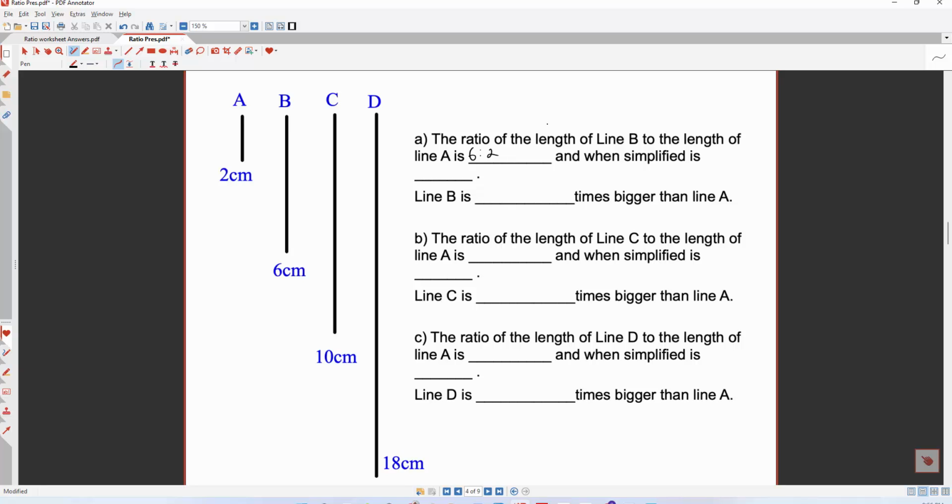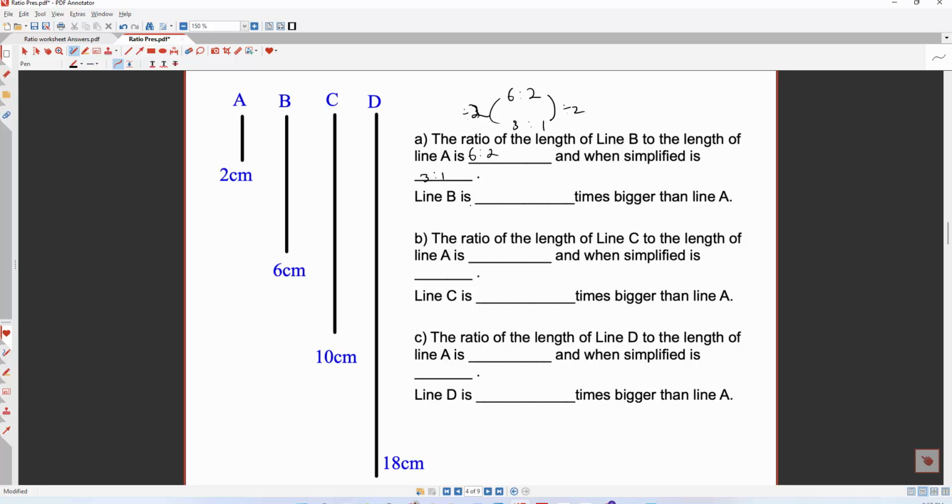If I divide 6 by 2 and divide 2 by 2, what I end up with is 6 divided by 2 is 3, 2 divided by 2 is 1. So another way of writing that is 3 to 1.